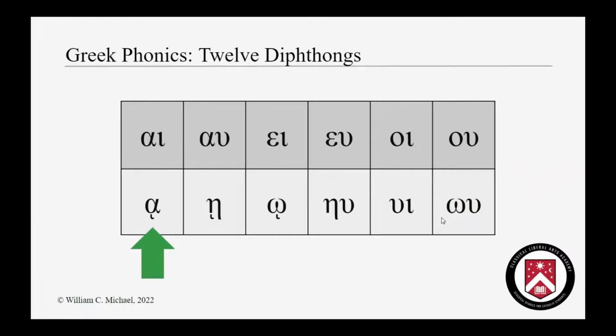The improper diphthongs in the second row are called improper either because we don't hear both sounds when these diphthongs are read, or because they're just ugly sounds and the Greeks didn't like them. It's called cacophony, bad sounding speech.